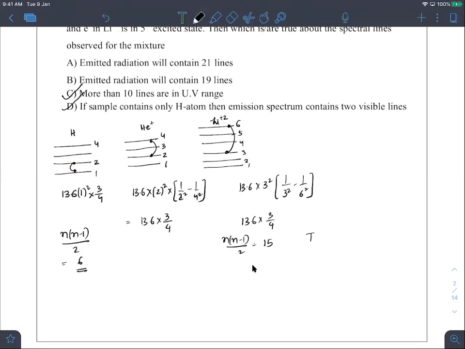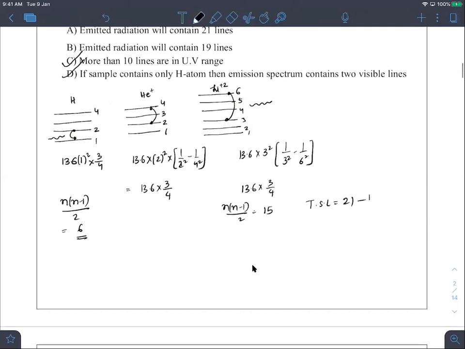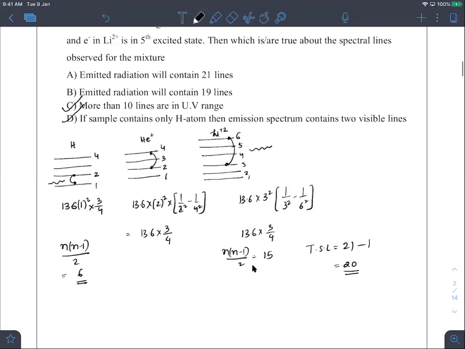So total spectral lines will be 21 is what you are expecting. But out of this 21, one is common because this spectral line has the same energy, which means this is the same spectral line that is coming here. So these two spectral lines are same. So subtract 1. So what should be the total number of spectral lines? It should be 20.